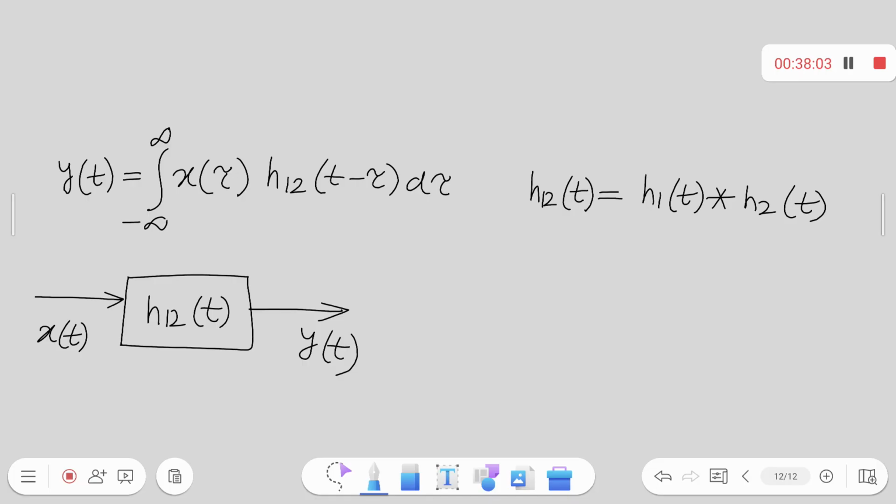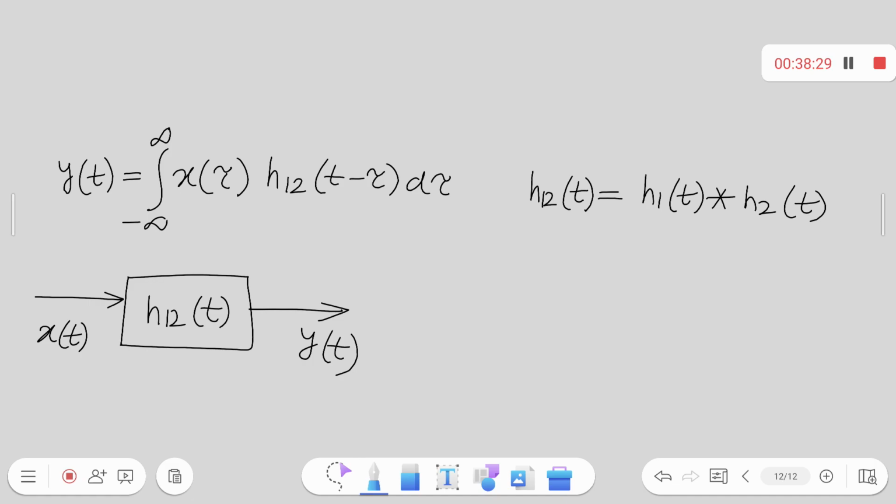And we have already arrived at this point. We have found that output y of t can be written as the convolution integral between the two signals. One is your x of t input signal, and second one is your impulse response h12 of t. So that's why x of tau h12 of t minus tau.